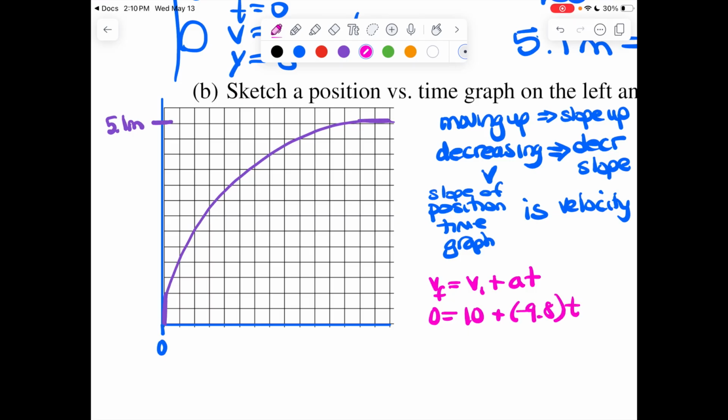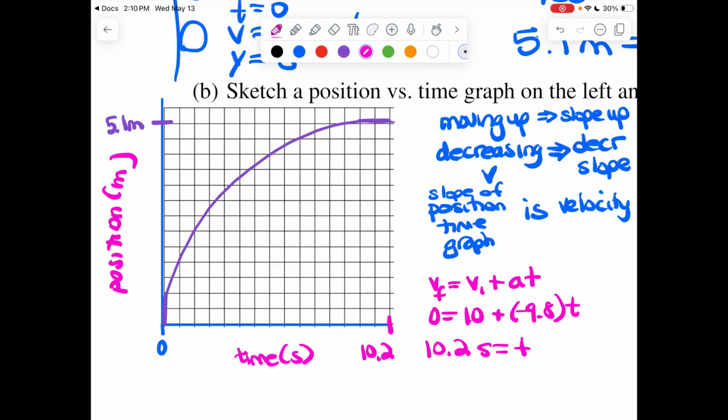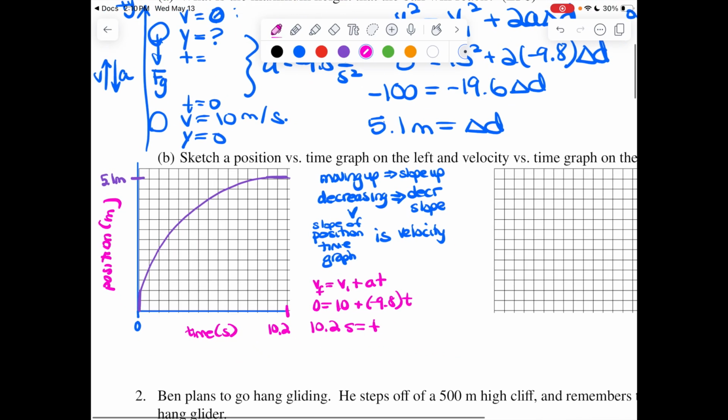So remember, on a position versus time graph, slope is velocity. Therefore, increasing velocity means increasing slope. And we're moving down, we have to have negative velocities, therefore negative slope.